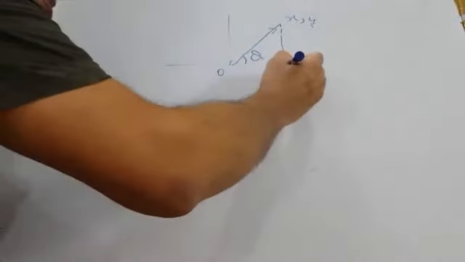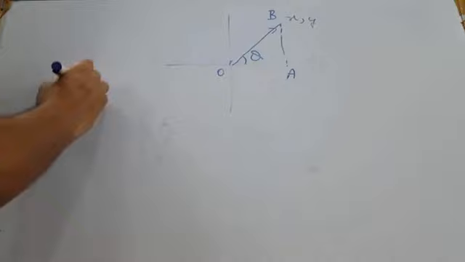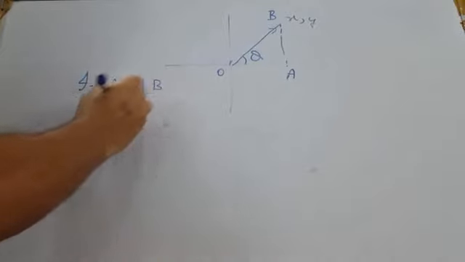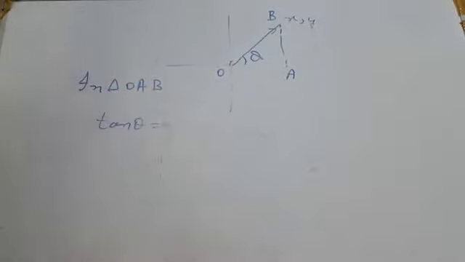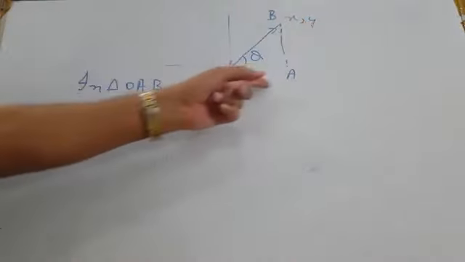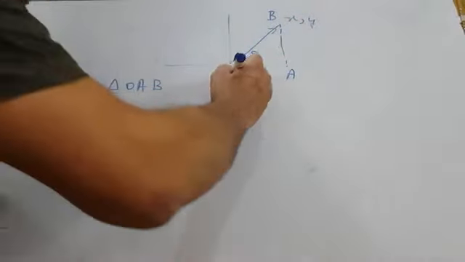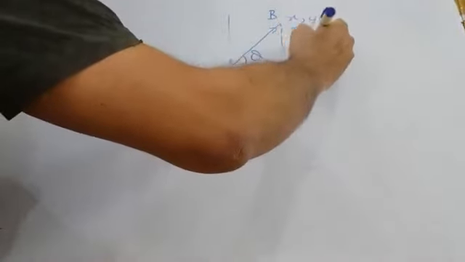Suppose this triangle is OAB. So in triangle OAB, tangent theta is height upon base. This height is y, this base is x. Because coordinates are x and y, so it is x and it is y.